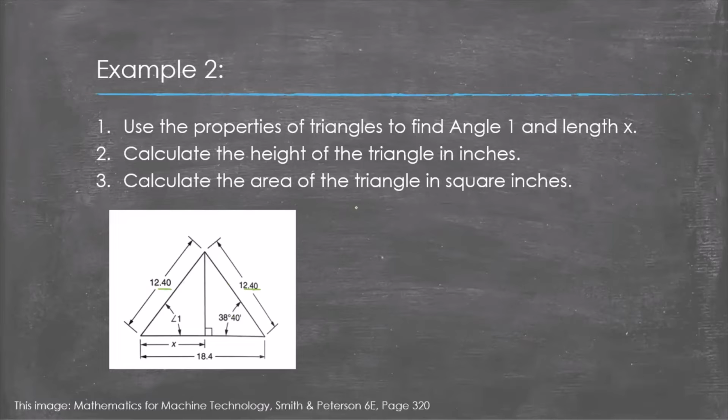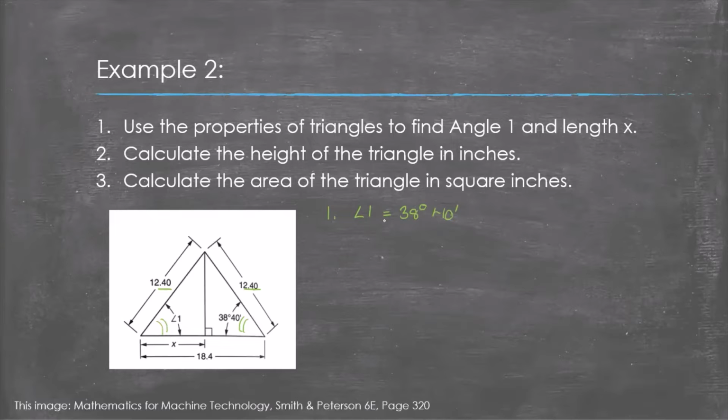But with an isosceles triangle, this angle and this angle, the two angles connected to the two matching sides, are going to be equal. So because it's isosceles, we can say angle 1 is equal to 38 degrees and 40 minutes. Angle 1 equals the angle on the other side.